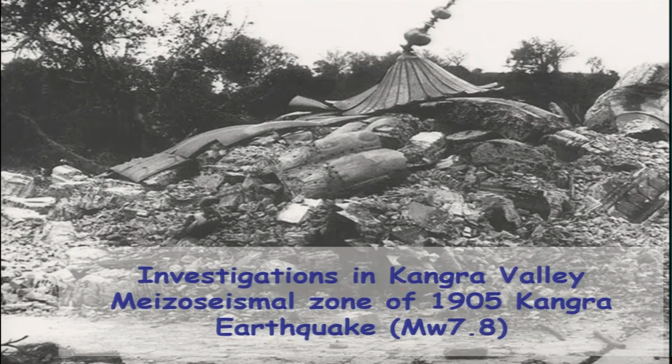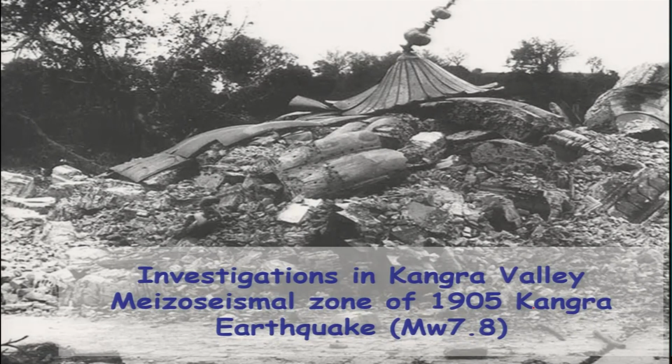So basically this is in the hinterland side of the Himalayan front. So this fault has been identified. I'll talk about that in Kangra Valley, a new fault, which based on the paleoseismic studies, we believe was the fault responsible for triggering the 1905 earthquake.